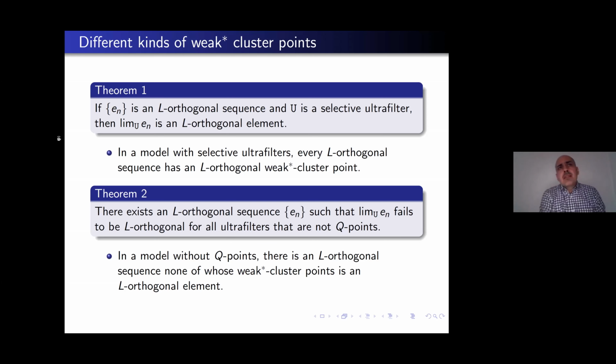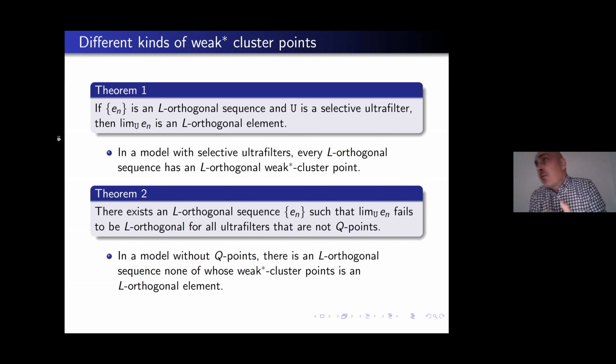So this settles the question of the independence of whether the weak star cluster points produce L-orthogonal elements.